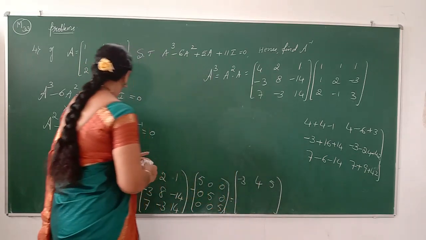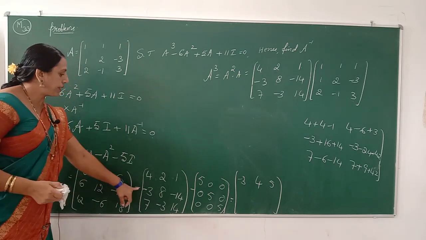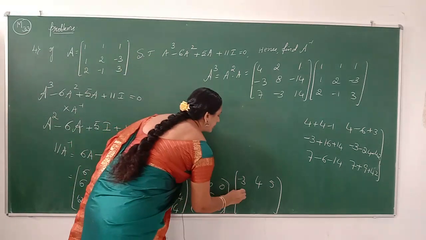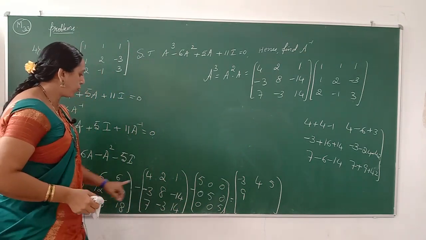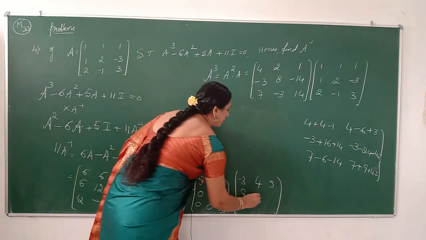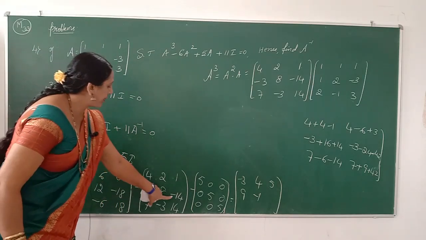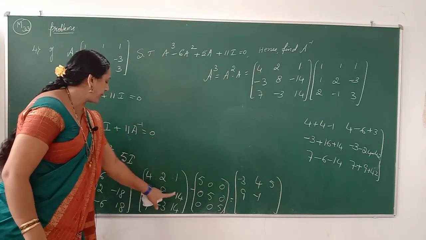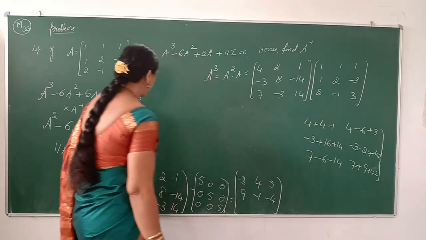In the second row, 6 minus minus 3 is plus 3, 6 plus 3 is 9. 12 minus 8 is 4, 4 minus 5 is minus 1. 18 minus 18 plus 14, minus into minus is plus 14, minus 18 plus 14 is minus 4.